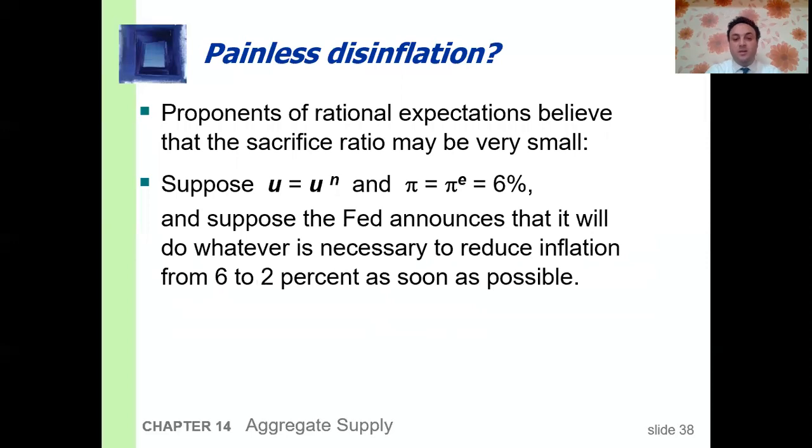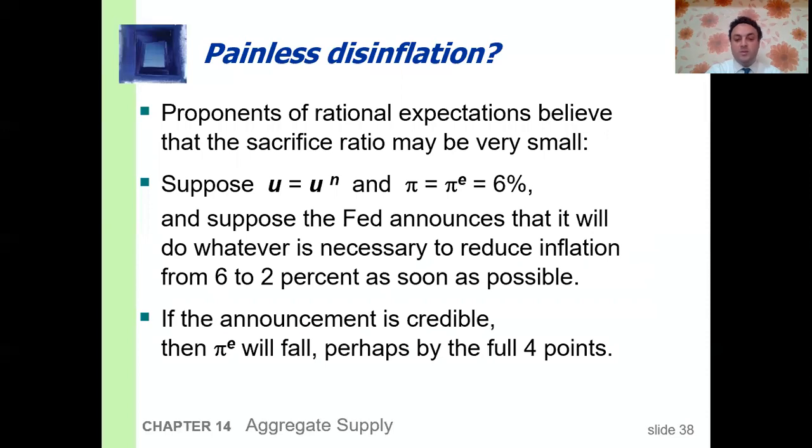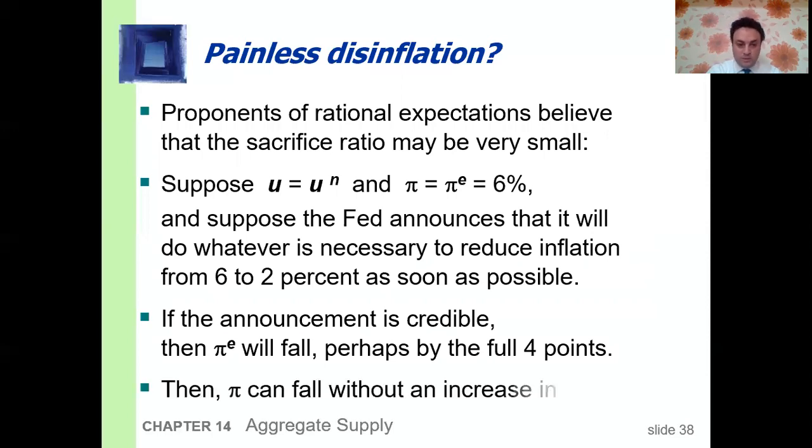And suppose the Fed or the central bank announces that it will do whatever is necessary to reduce inflation from 6 to 2% as soon as possible. So if the announcement is credible, then the expected inflation will fall, perhaps by the full 4 points. And inflation can fall without an increase in unemployment.